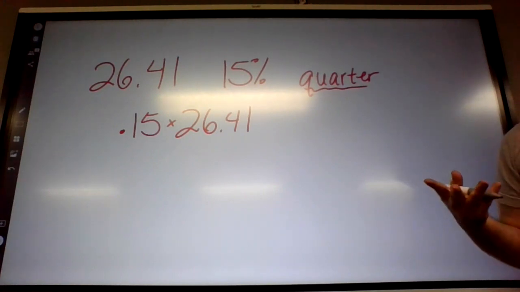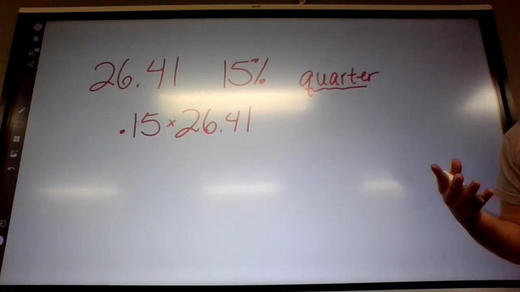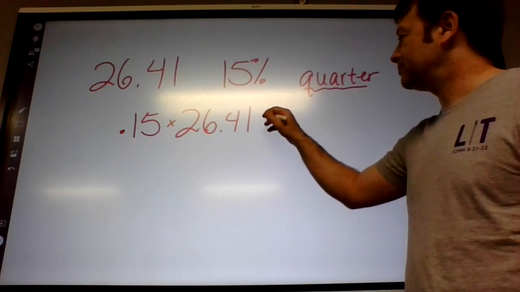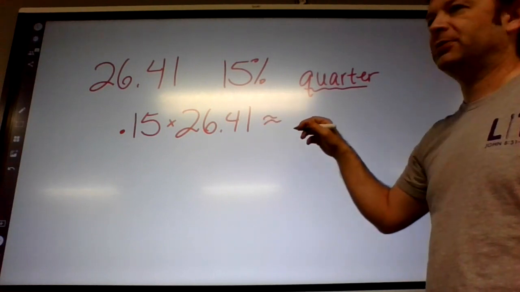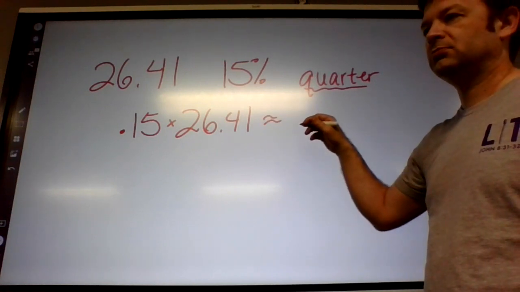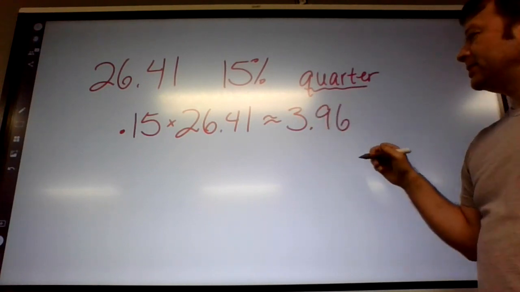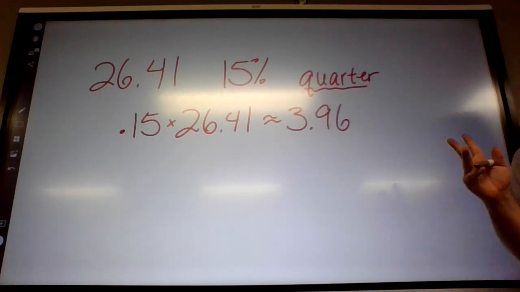If we're talking about money, where should we automatically round it to? Yeah, the second decimal place. Say that again, AJ. 3.96. Now, that would be the answer if we were not rounding anymore.